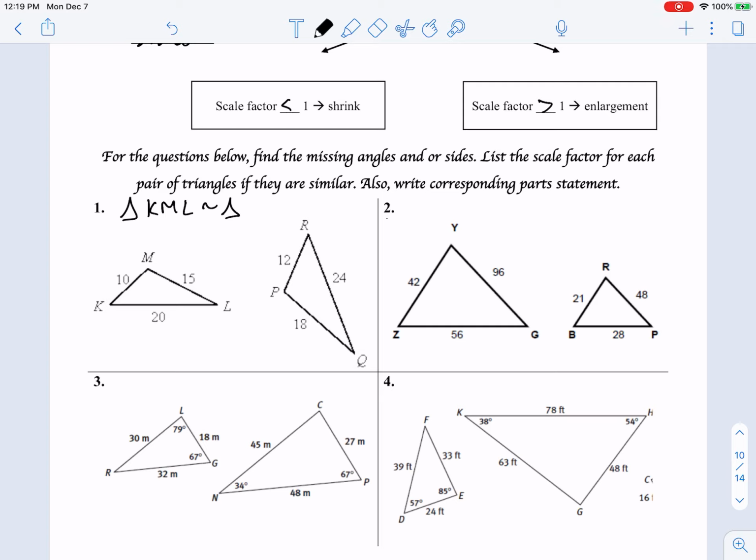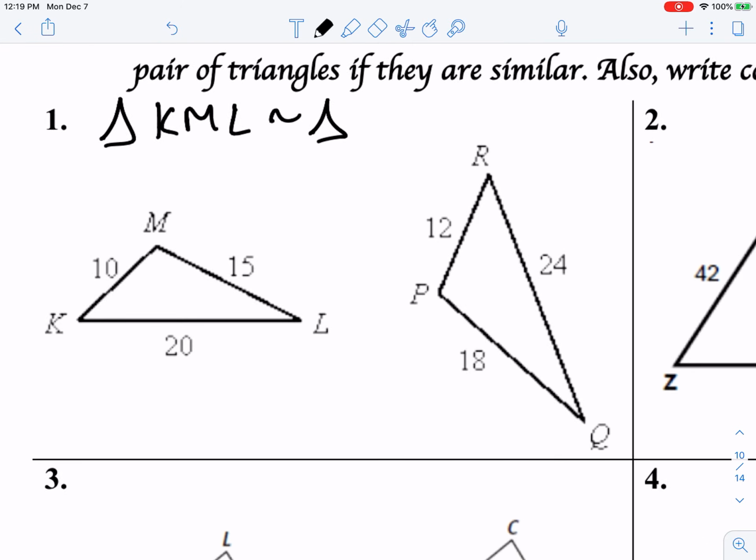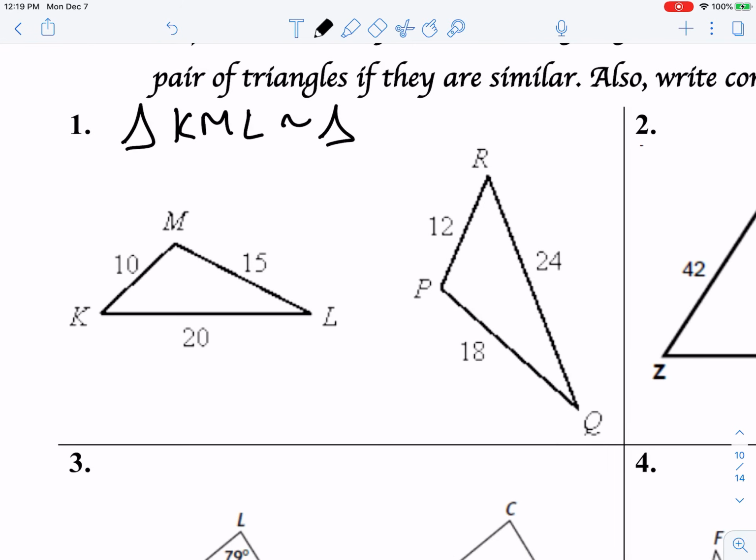What I like to do is come through here and quickly make some notes about my side lengths. So K to M is small, right? It's the smallest out of 10, 15, and 20. 15 is my medium, 20 is my large.